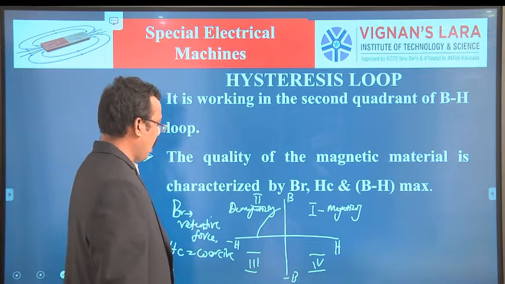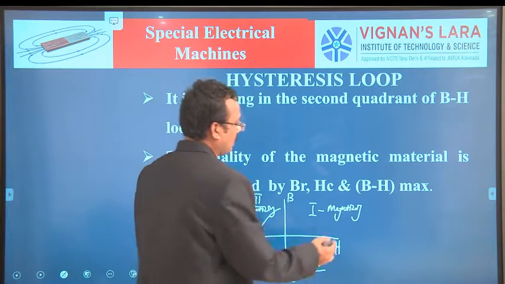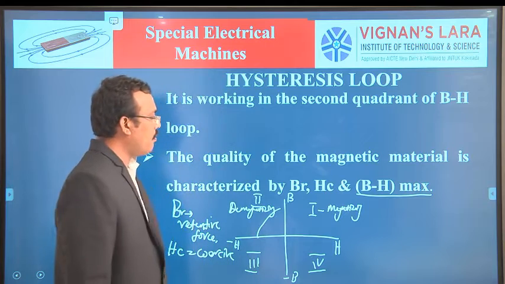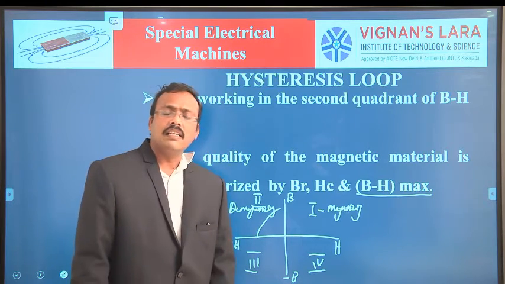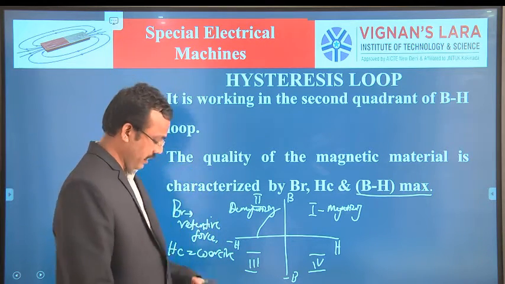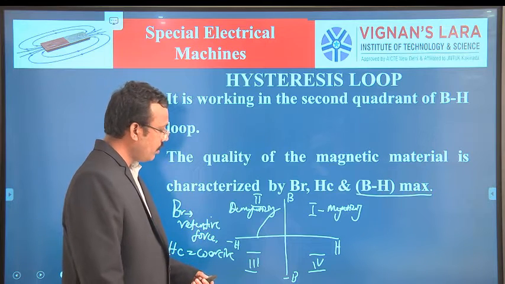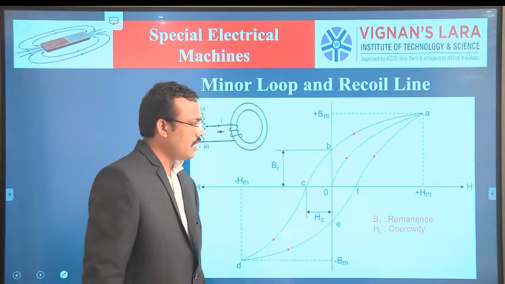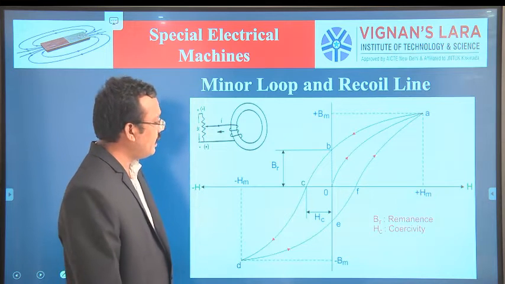Another parameter is the BH maximum product. These three parameters decide the quality of the magnetic materials. This is the hysteresis loop of permanent magnetic materials.